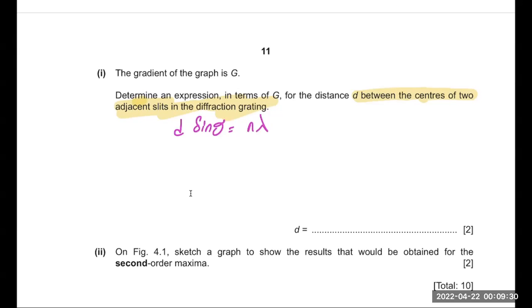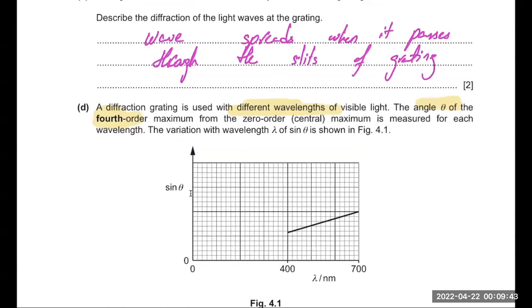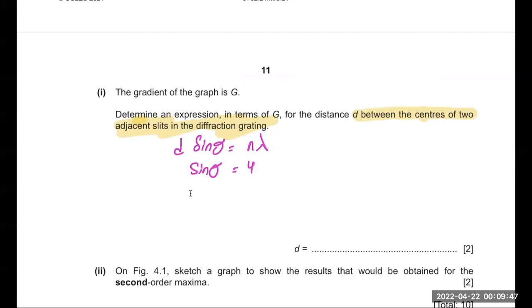We've got sine theta on the y-axis, so we'll have it alone on the left side. n is 4 because for different wavelengths it's always the 4th order, so it's not a variable for our experiment. It's a constant divided by d, times lambda.